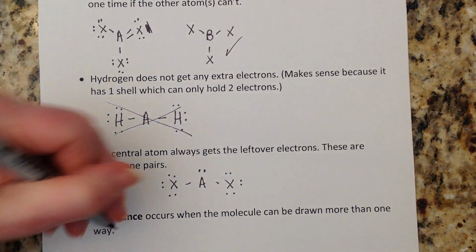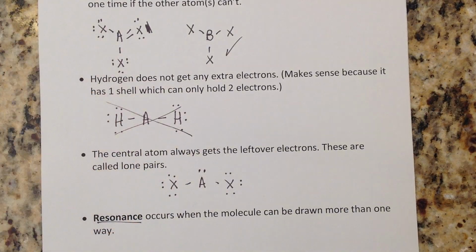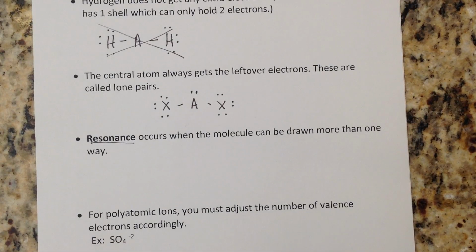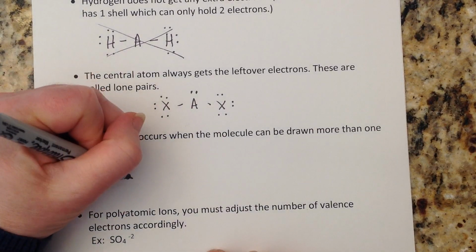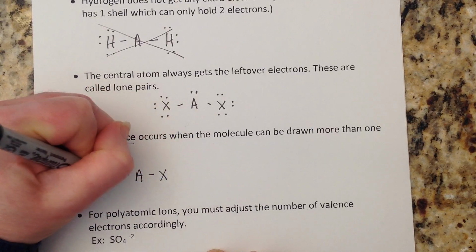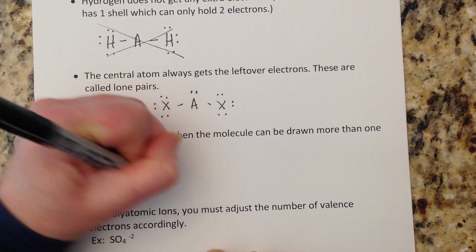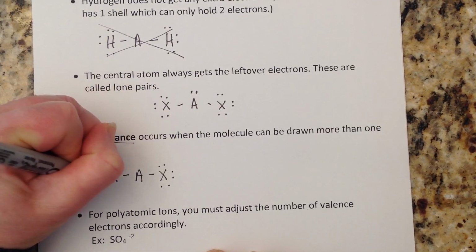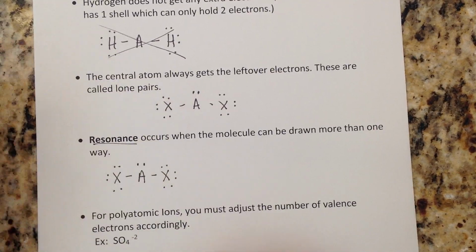And then the last thing I want to mention that we're going to see in some of these examples is something called resonance. Resonance is a term that we use to describe a molecule that can be drawn in more than one way. For example, let's say that we drew this, and that's what we put all the electrons down, and that's what it looked like. Well, now we would ask ourselves, is the central atom happy?